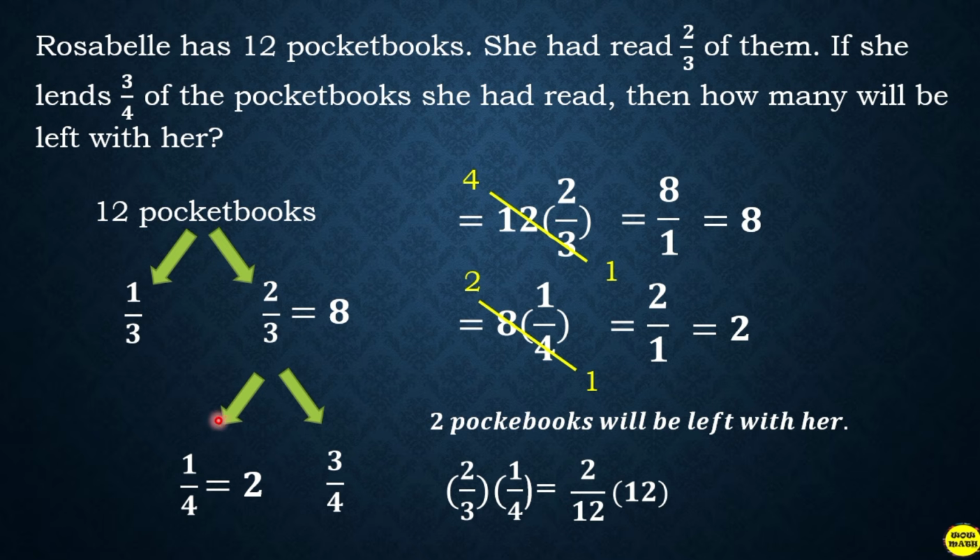Now, pag nakuha mo na yung 1/4 nung 2/3, kunin mo naman yung 2/12 nung 12 dun sa kabuuan. So, 2/12 times 12. So, makakancel na natin to. So, we only have 2. So, same pa rin siya. Okay, you may start at the top. Pwede rin naman sa baba. Okay, so the answer is 2 pocketbooks will be left with her.